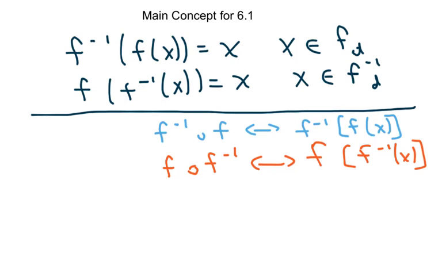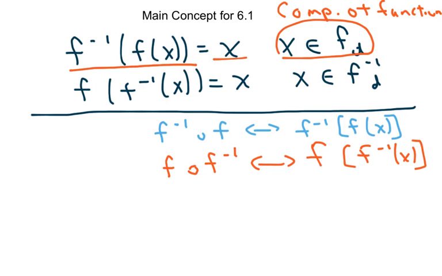Now, the main concept you need to know involves composition of functions. Okay? It depends on what algebra teacher you had if you did a composition of functions. Alright? When you have f inverse composed with f of x, if they're inverses, it equals x, and x belongs to the domain of f.